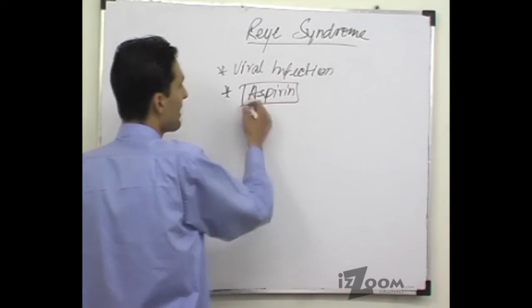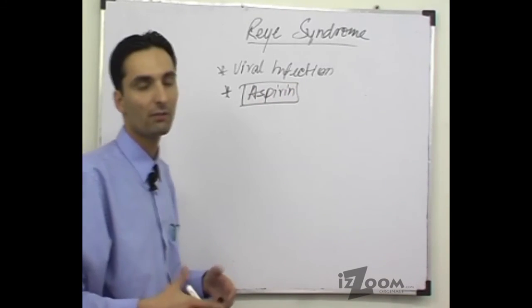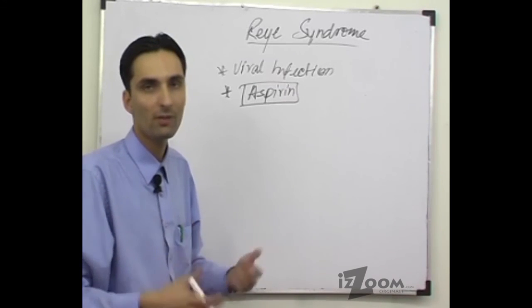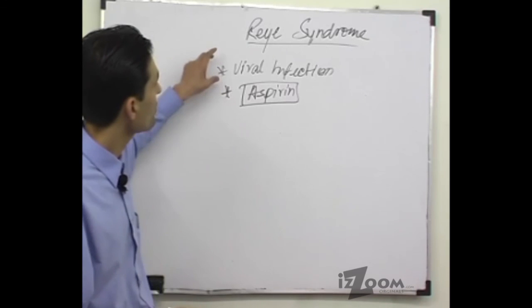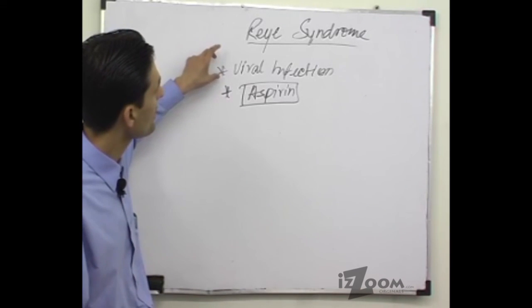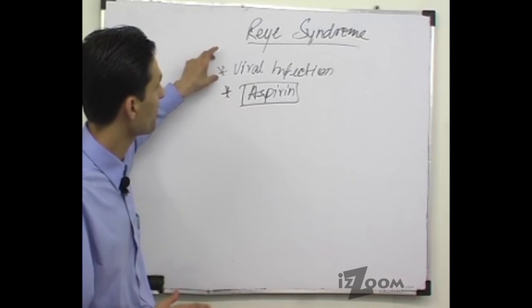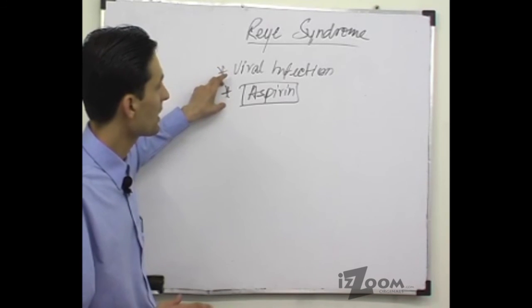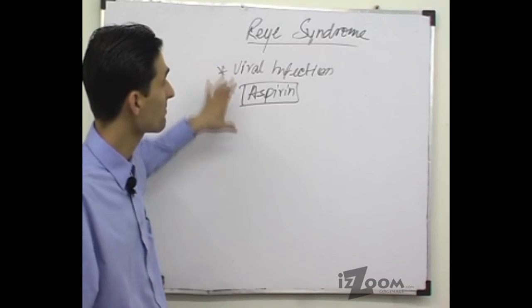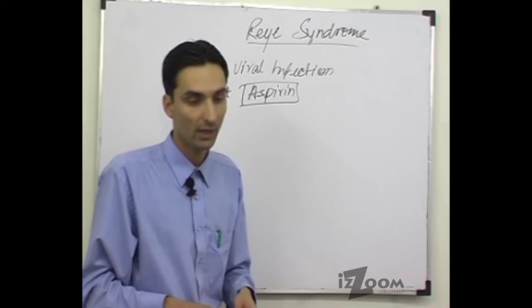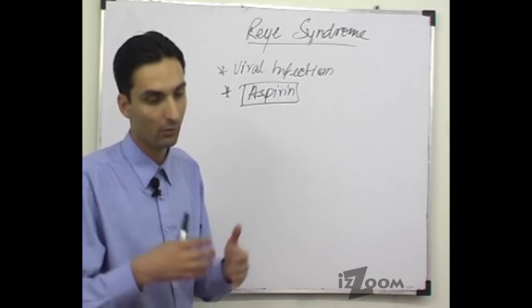So the clinical features depend upon the severity of the encephalopathy. An association has been made with preceding viral infection, and its incidence is increased in those children who have been given aspirin for the relief of fever.